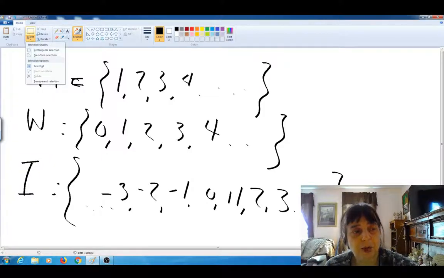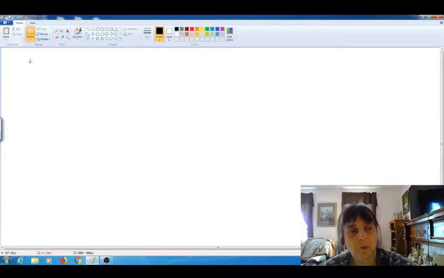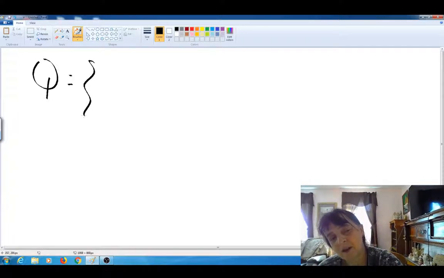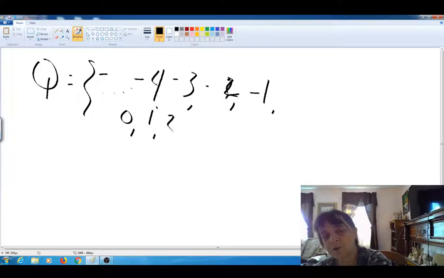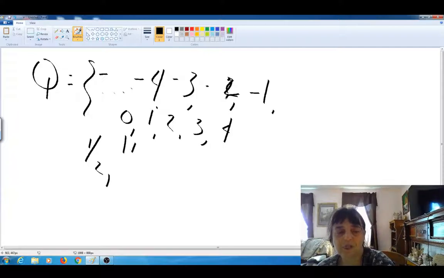And then the next group of numbers are called the rational numbers. I think they write that with Q. That's negative 4, negative 3, negative 2, negative 1, 0, 1, 2, 3, 4, and then numbers like 1/2, 1/3, negative 1/2, on and on.